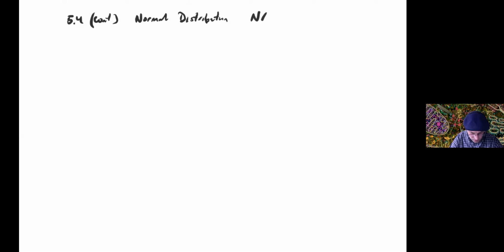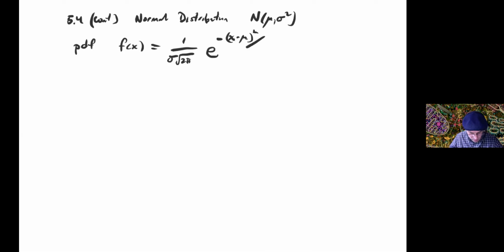N of mu sigma squared. And recall that the probability density function of the normal distribution with the parameters mu and sigma squared is given by 1 over sigma times the square root of 2 pi, exponential e to the minus (x minus mu) squared over 2 sigma squared.